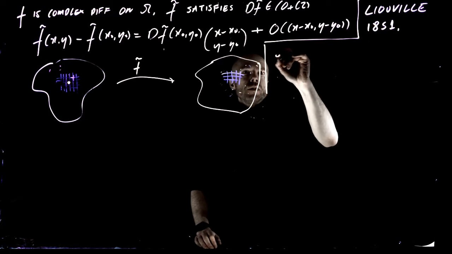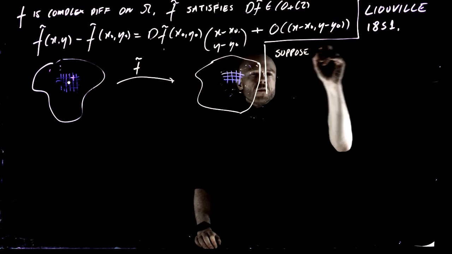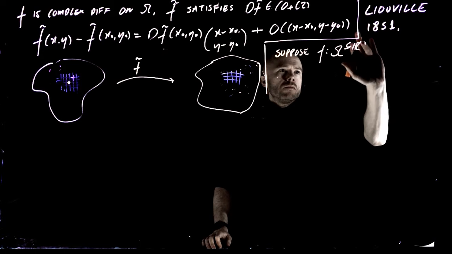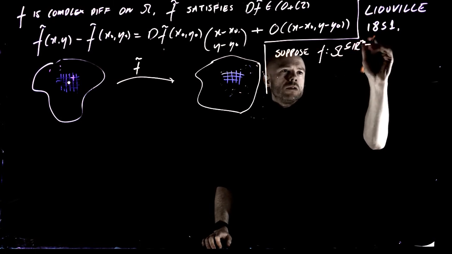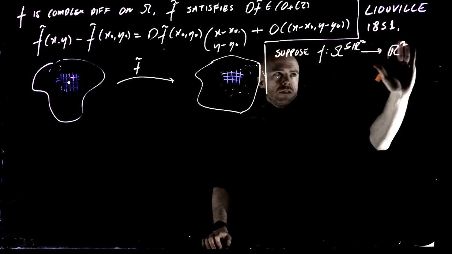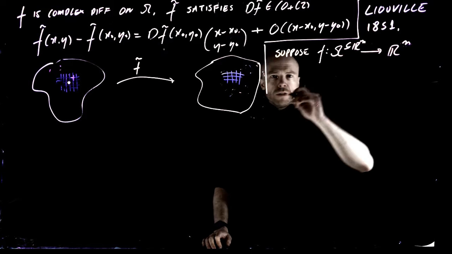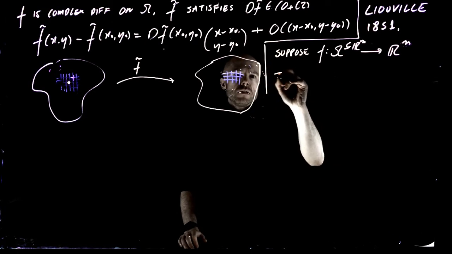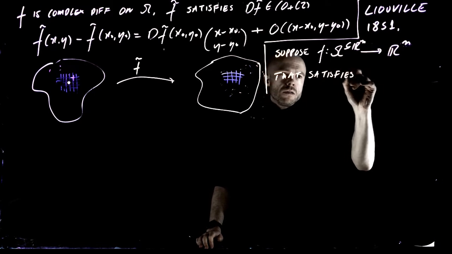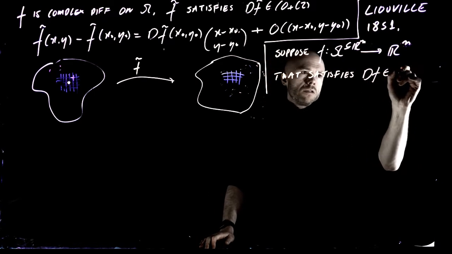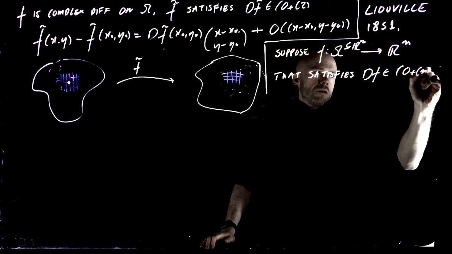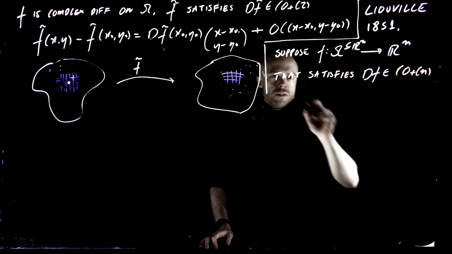So suppose we have f from omega in Rn into Rn, which satisfies this differential inclusion, which is equivalent to the Cauchy-Riemann equation, that df belongs to the conformal matrices in Rn.